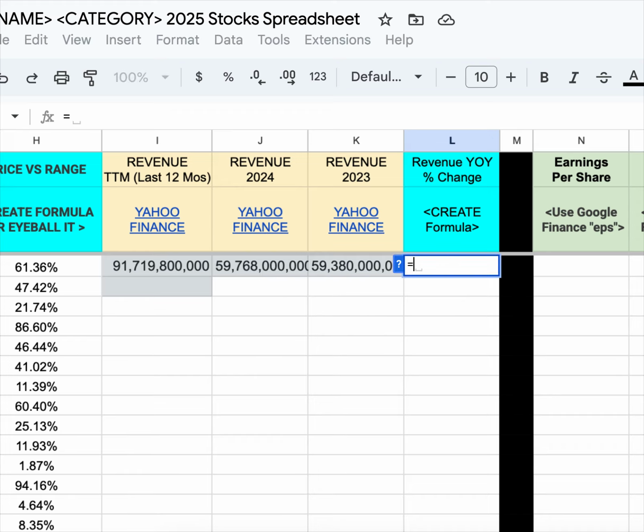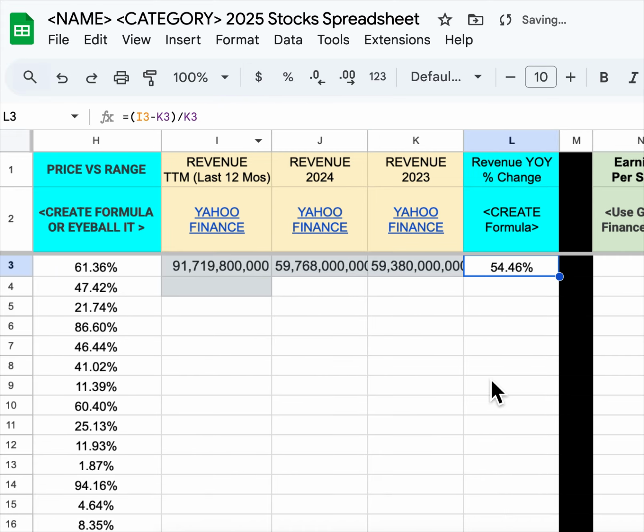So the way you do that is equals, you subtract the most recent one minus the older one. Okay, and you divide it by the older one. There you go. So this one it's like a 50% increase compared to the 2023 time. So pretty good. Okay, that's it.